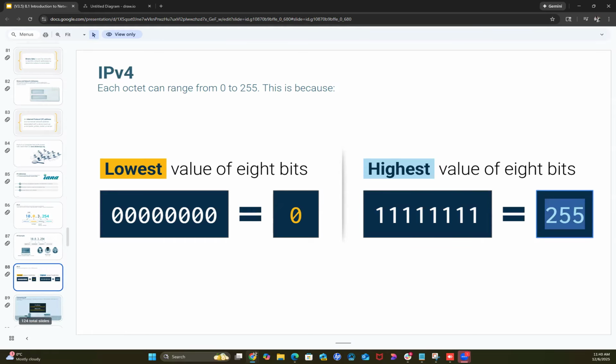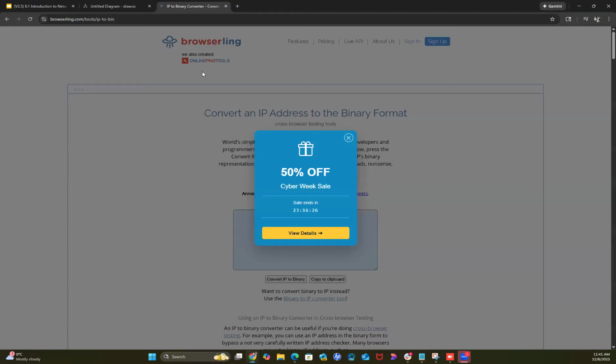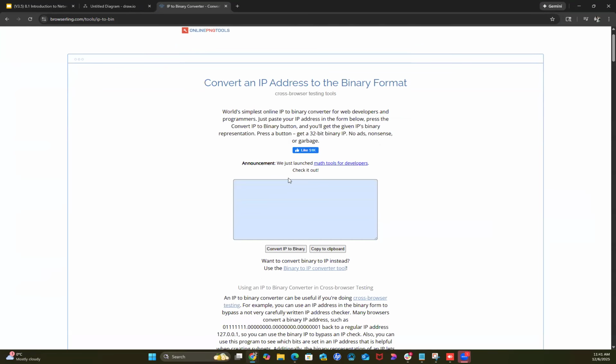Now, if we open this website, a browsing link, this is to convert IP to binary.